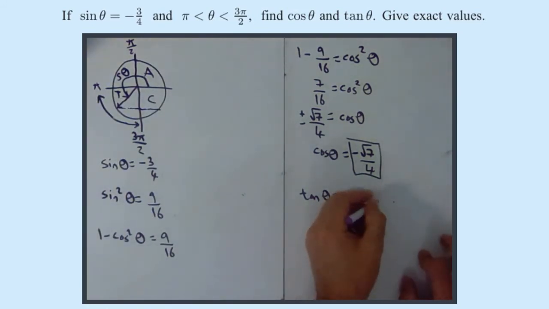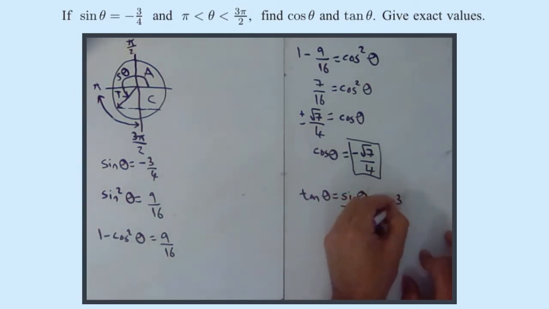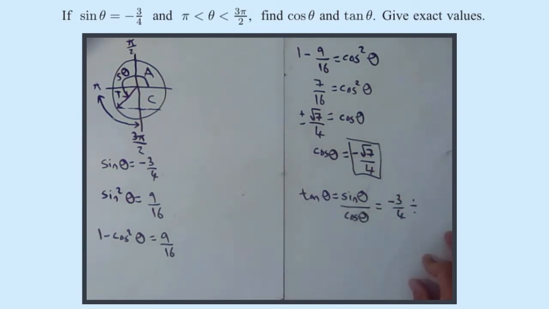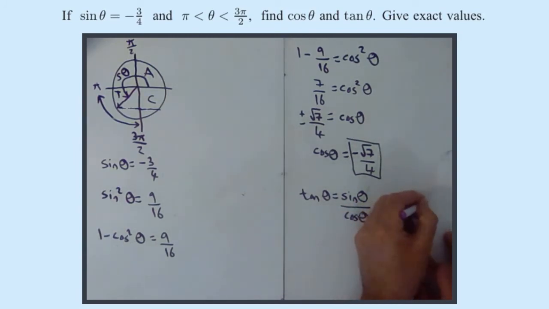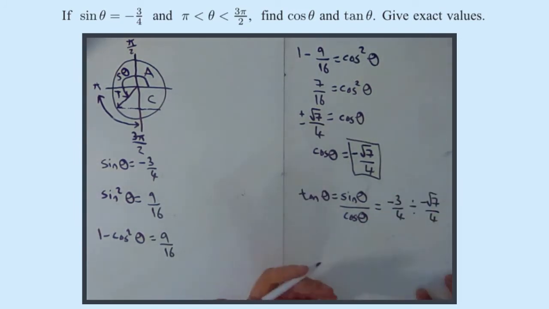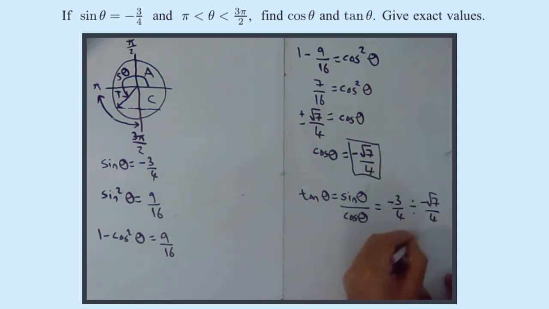So sine theta over cos theta is, well, sine theta is minus 3/4. Over is really divide, isn't it? So divided by minus root 7/4. When you're dividing by a fraction, you can multiply it by its reciprocal, so that would be minus 3/4 times 4 over minus root 7, or minus 4 over root 7.